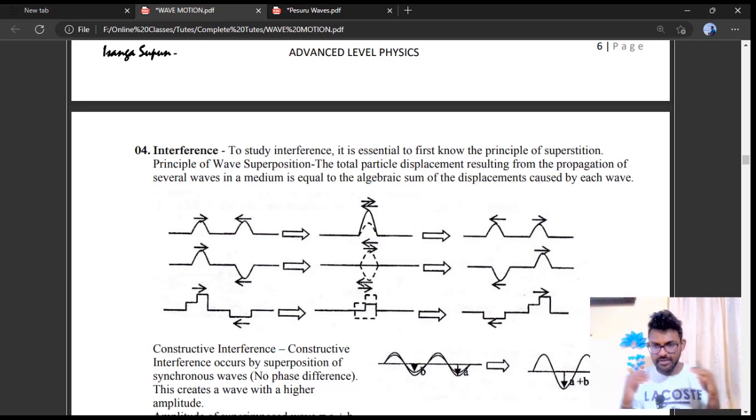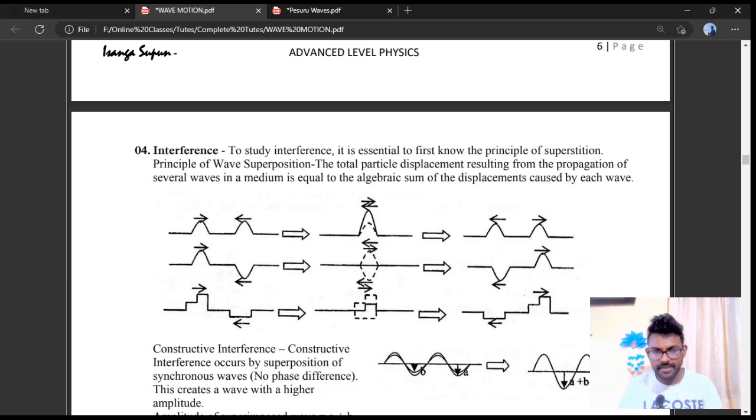Now let's say we have a couple of waves coming towards the same direction. Then they get superimposed, or mixed, at the middle at a certain point, and the total displacement of a particle in the medium is the algebraic summation of the displacement caused by each wave.